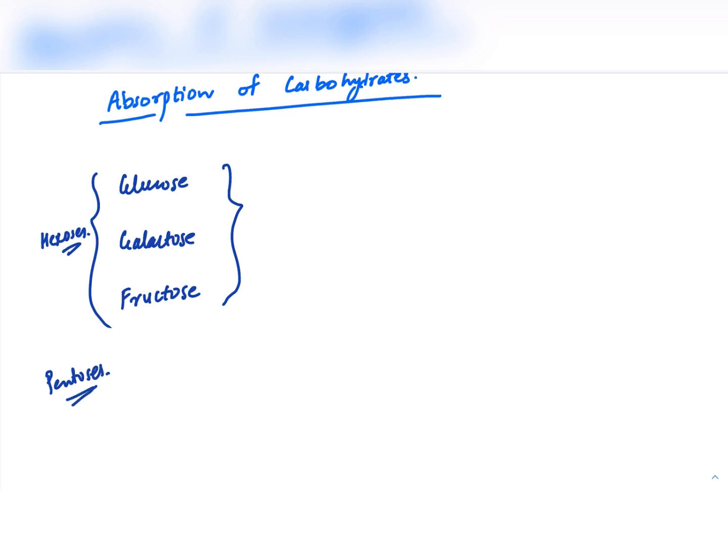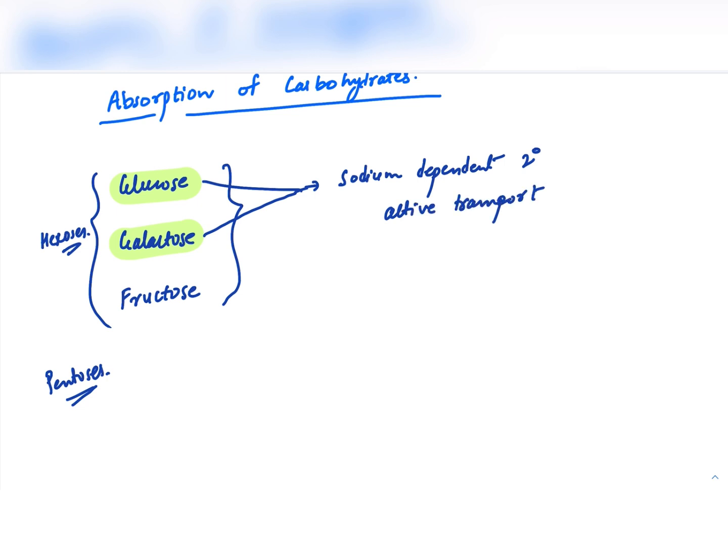Glucose and galactose are absorbed by the same mechanism, which is known as sodium dependent secondary active transport, also known as SGLT, whereas fructose is absorbed by facilitated diffusion.